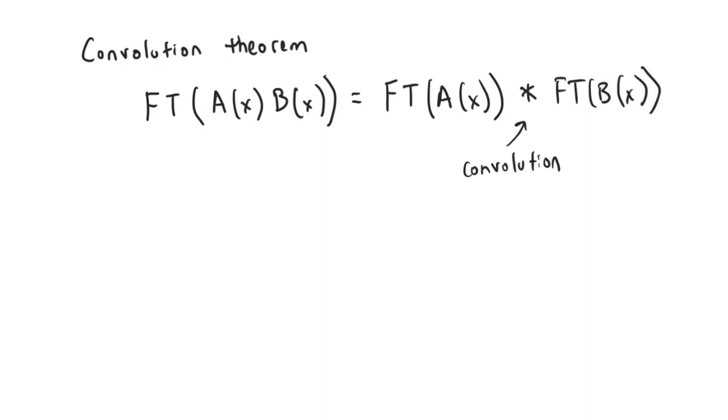If you're not familiar with convolutions, I'll also post a resource in the video description with a bit of information about them. But the key here is that Fourier transforms do not distribute over multiplication. The Fourier transform of A times B is not the Fourier transform of A times the Fourier transform of B. Rather, it's the convolution of the Fourier transform of A with the Fourier transform of B.